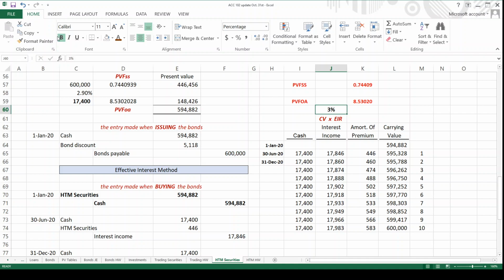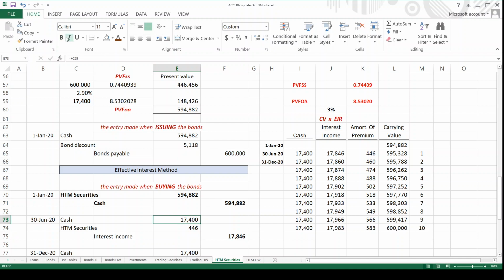They all mean the same thing. So we take this 594,882, multiply times 3%, and we get 17,846 rounded. That's the number. Carrying value times effective rate. So there's our interest income.